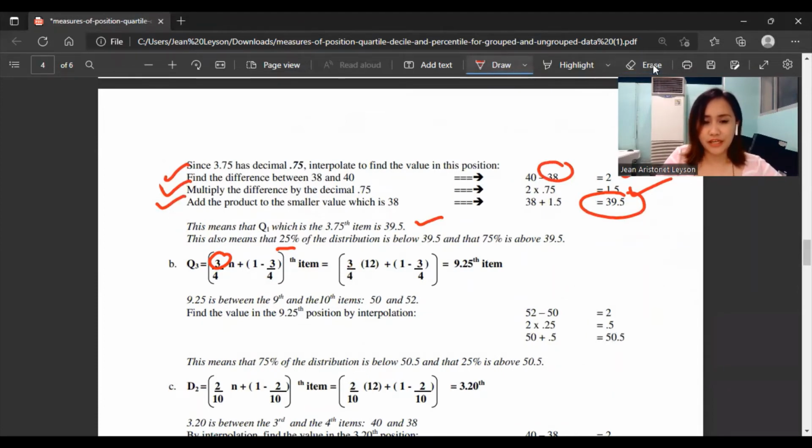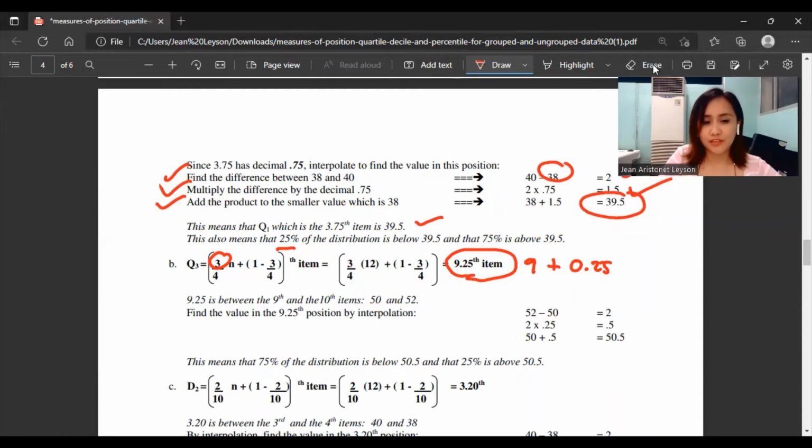So simplifying, that's 3 times 12, that's 36, divided by 4, that's 9, plus 1 minus 3/4, that's 0.75. So 1 minus 0.75 is 0.25. So our third quartile is in the 9.25th item.